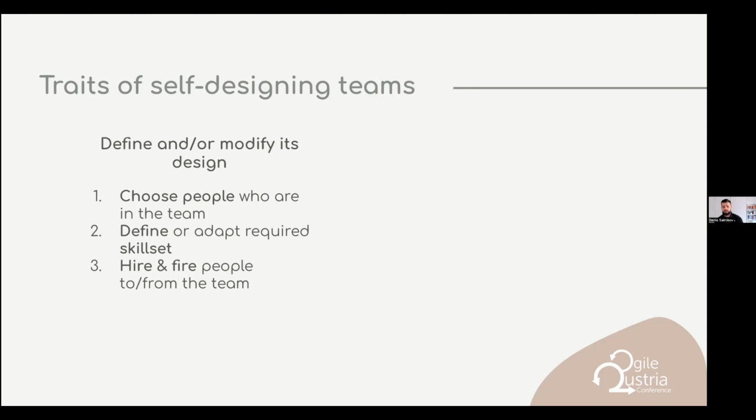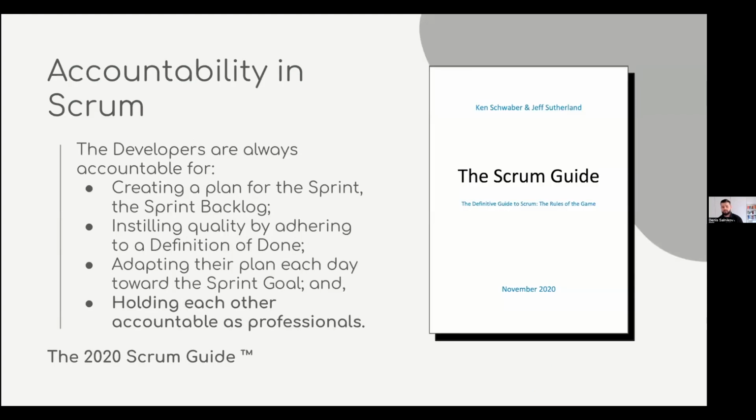And this is also, by the way, very in line with what Scrum suggests, because one of the points there is that developers are always accountable for holding each other accountable as professionals, meaning that when we are establishing a self-managing Scrum team, over time, we want them to develop the trait of judging their own performance, assessing the level of professionalism of everyone in the team, and in case something is going wrong, so for example, someone is continuously breaking the definition of done, they need to be able to raise this topic to someone and to get that person either put on some kind of probation or removed from the team.